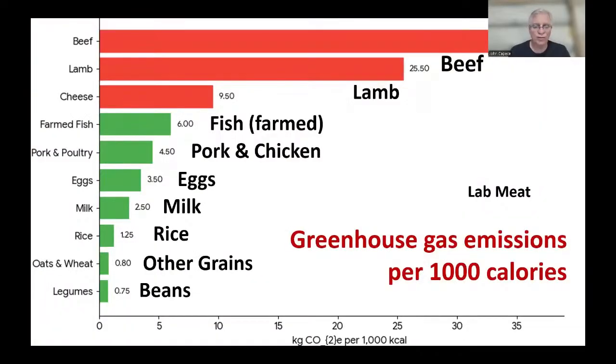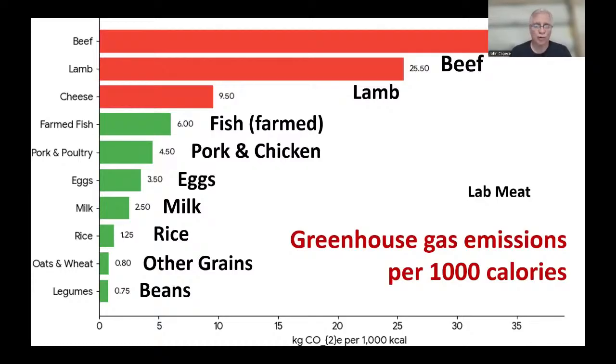If we look at our foods not from their protein perspective, but from simpler caloric energy content, we see basically the same relationship. Beef remains the highest emitter by far. As we look at the more efficient lower end of the spectrum, eggs require less than 4 kilograms and meat requires less than 3.